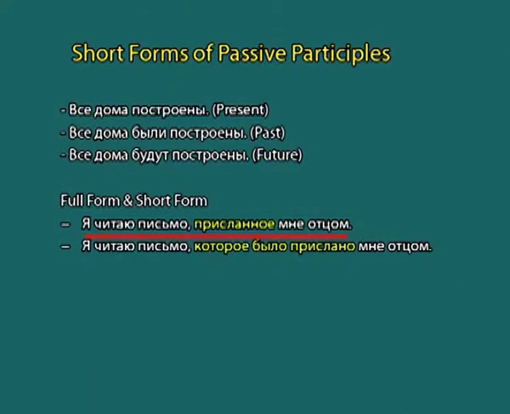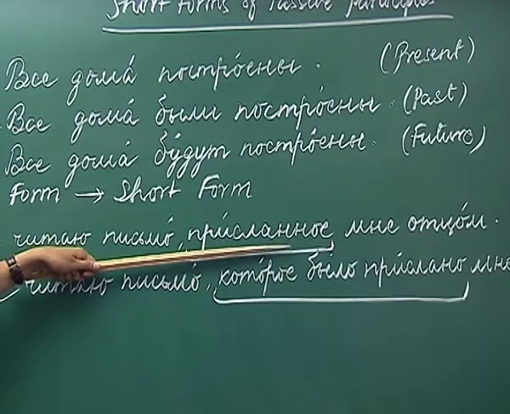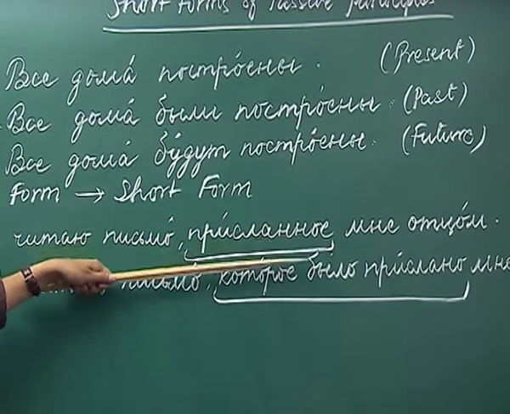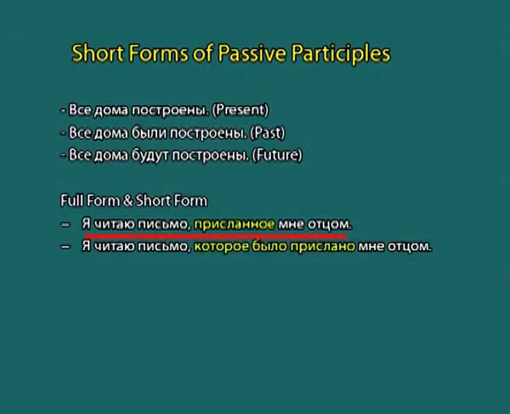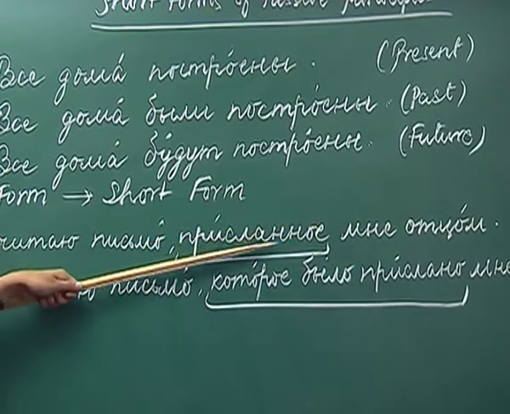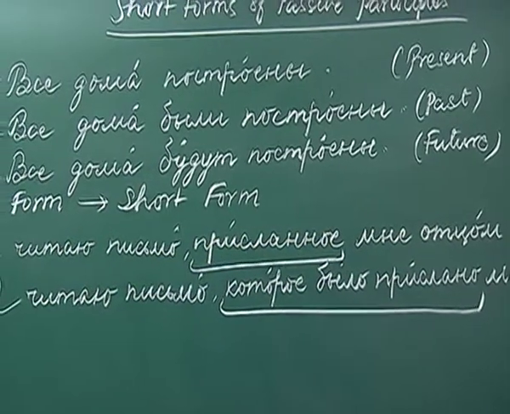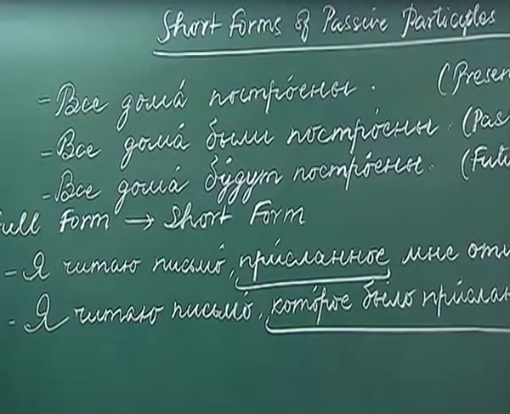Ya chitayu pismo prislanna munya atsom. So, here as you can see we have used the full form of the past participle passive prislanne. So, I am reading the letter which was sent to me by my father. So, here we are using the full form.